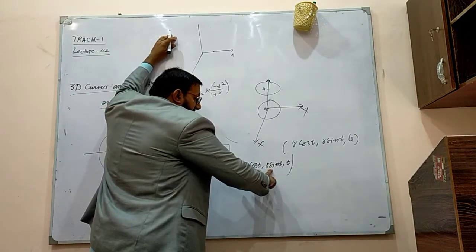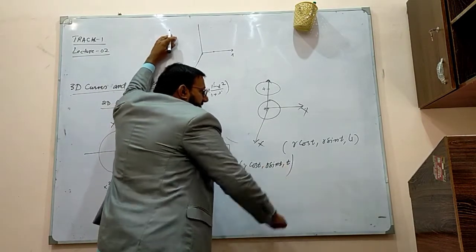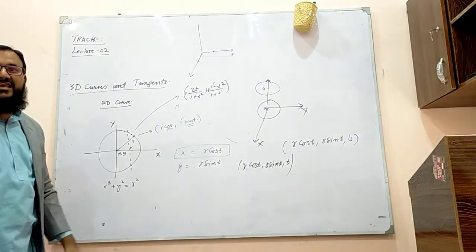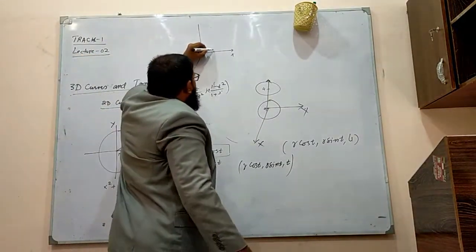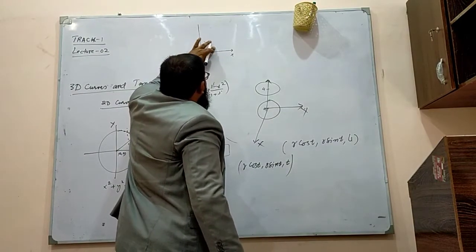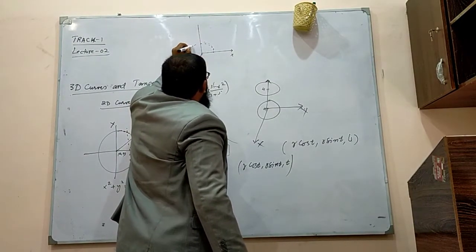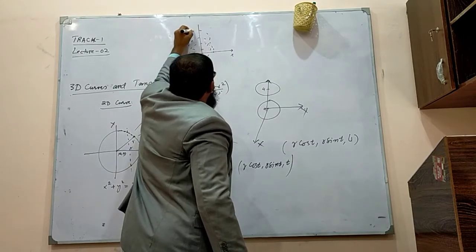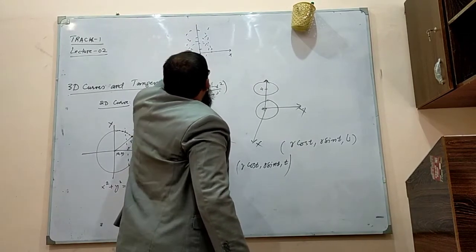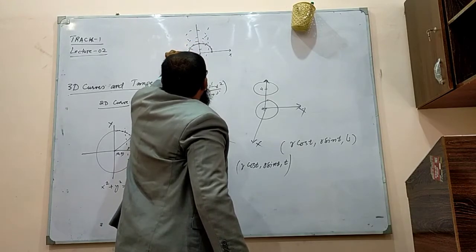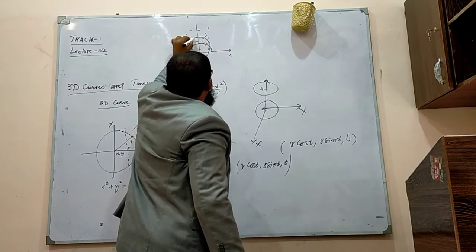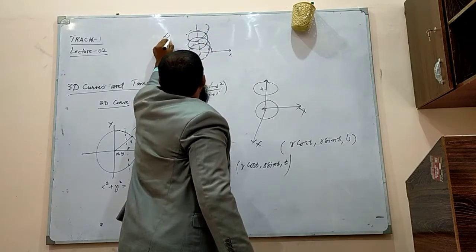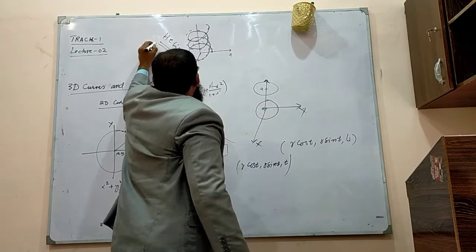Then what happens? This will give us a circle, but when you increase the value of t, the circle will also move in the direction of the z-axis. So, simply it would be a circle, but it will keep increasing in the direction of z. Or simply what you get is a spring-type structure, and we call it a helix.